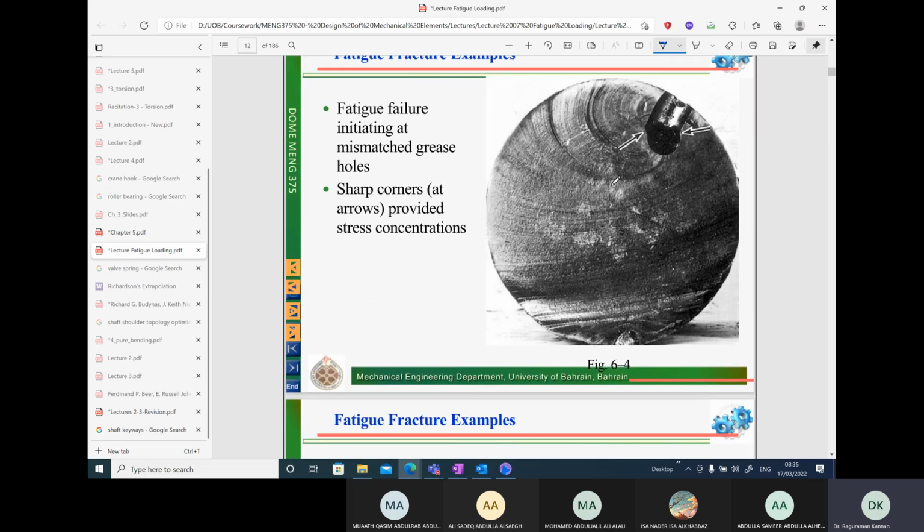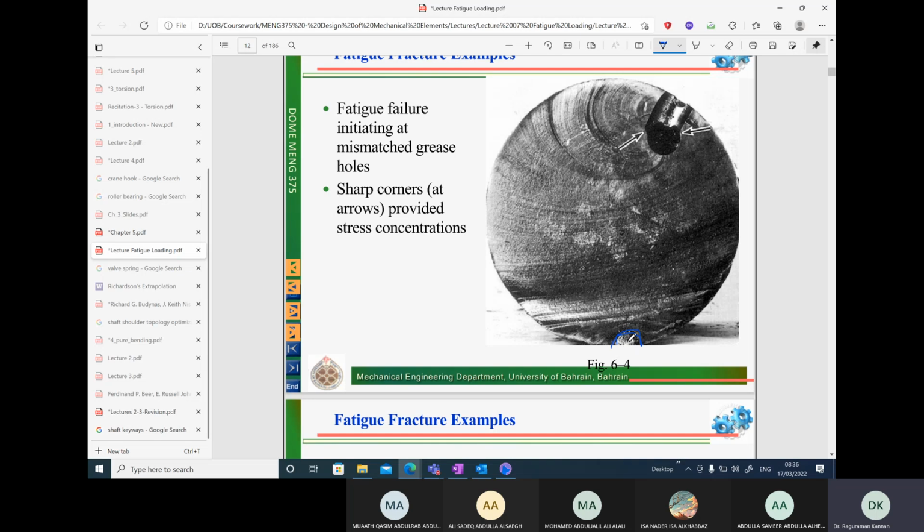How about this? So we have here certain grease holes. Again, you can see crack initiation because of the hole here, and there is a huge area with beach marks, low nominal stress, and you can finally see here a small area which has undergone brittle fracture.